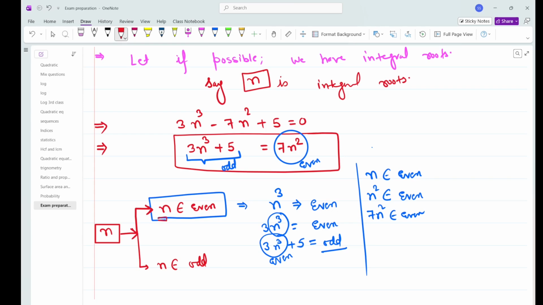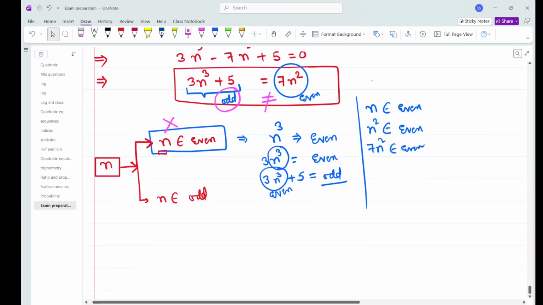Your n will have two possibilities only: either it's even or odd. We will work for both cases, one by one. So right now we have proved that n belonging to even will not be possible. Why? Because an odd number can never be equal to an even number. Am I right? Now, same process we will do for n belonging to odd also.